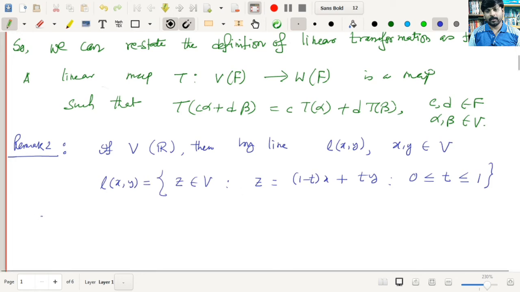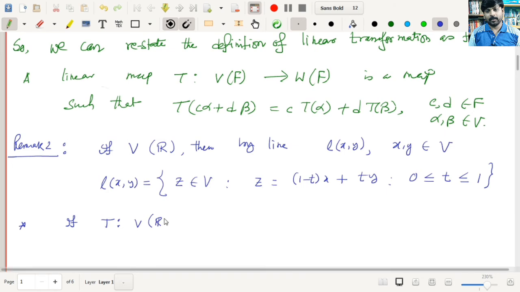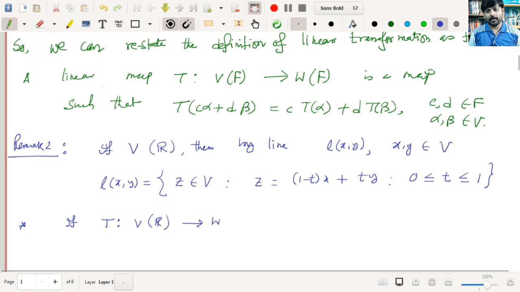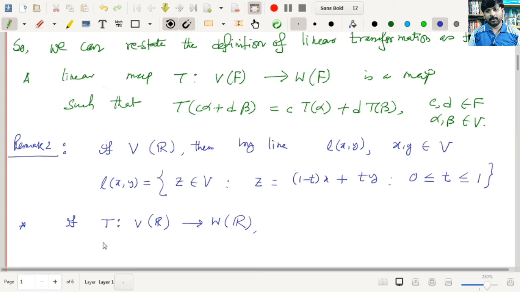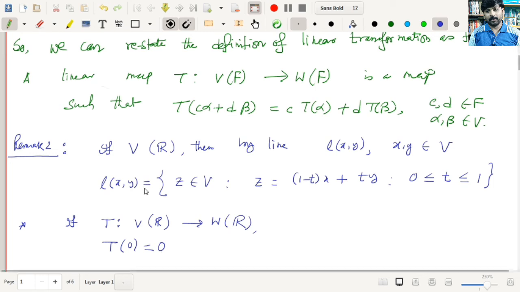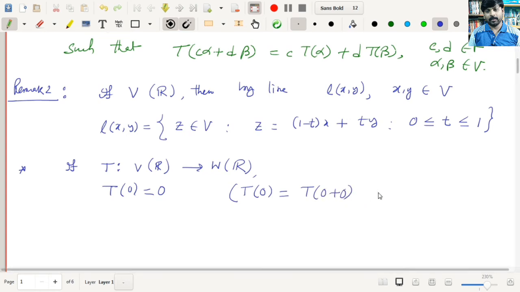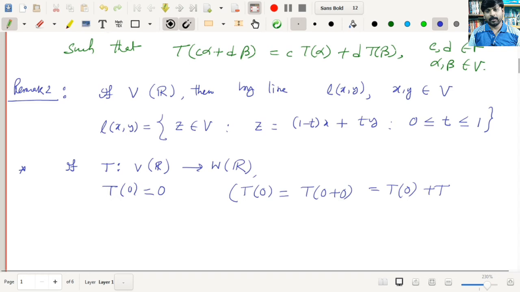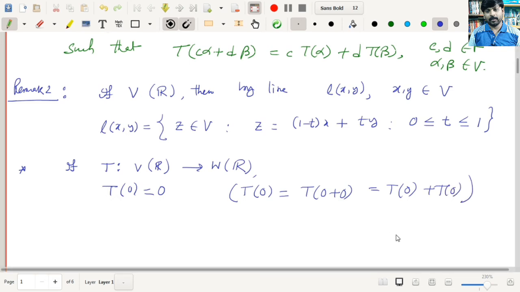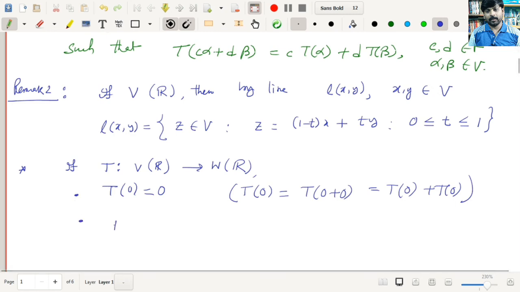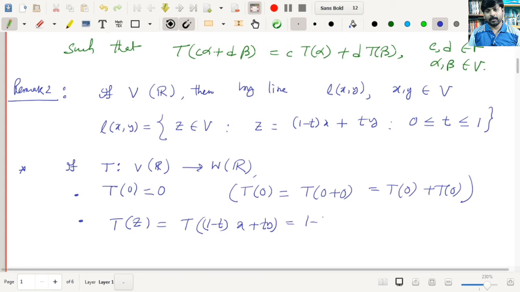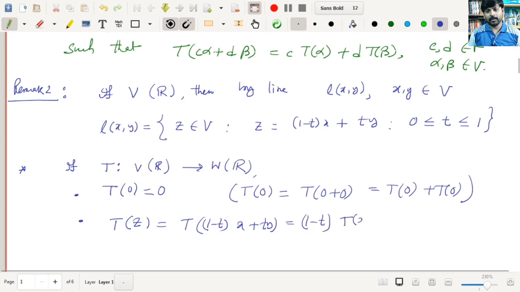First observation: T is a linear transformation from the vector space V over the field R to another vector space W over the same field R. Then we see that T(0) = 0, because T(0) can be written as T(0 + 0), which is T(0) + T(0). So it follows that T(0) = 0. Also T(z) = T((1 - t)x + t y), and this is nothing but (1 - t) T(x) + t T(y), because small t is a scalar quantity.